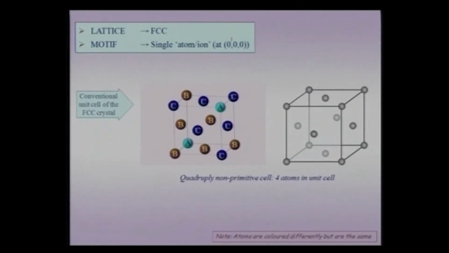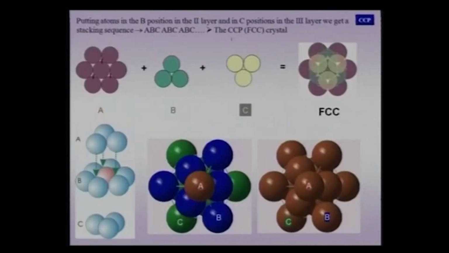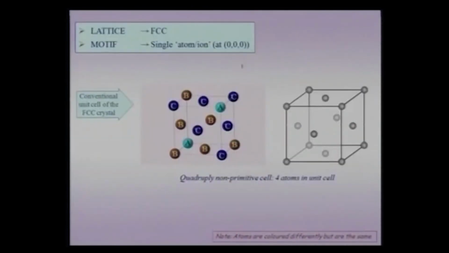Now I want to correspond my picture of ABC packing with the conventional unit cell of an FCC, which I have already considered before. The way of constructing is along the vector connecting the A to the A atom, which is now my 1, 1, 1 direction. So the AA vector, the direction connecting my A to A, is the 1, 1, 1 direction, and I am trying to construct my crystal along that direction.